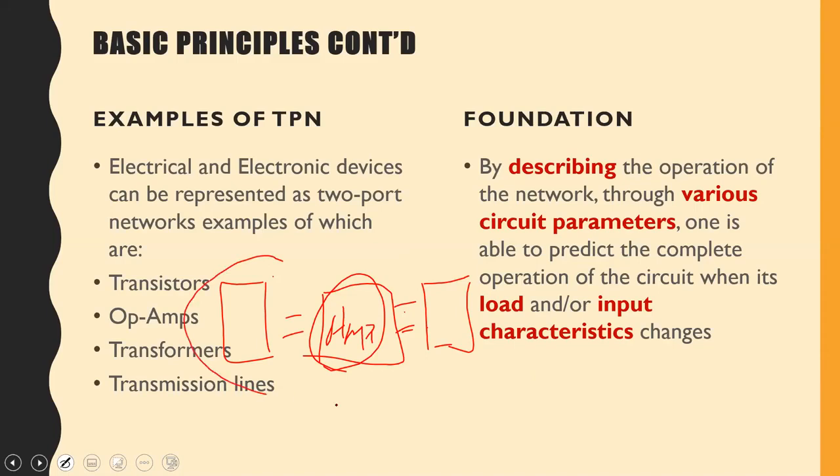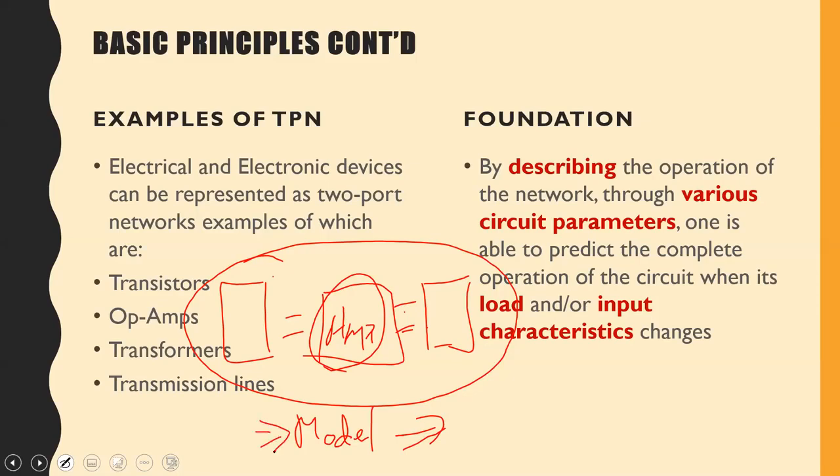But if we're able to define that entire system and have a mathematical model for that system, then I'd be able to determine what would be the overall operation when I change the output.